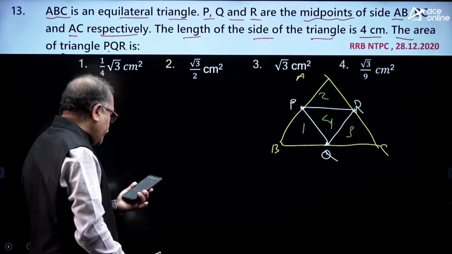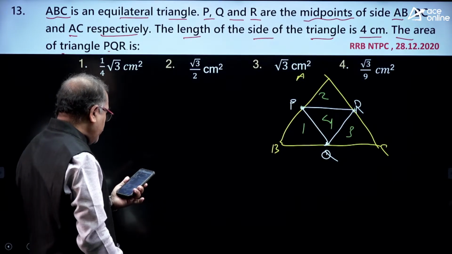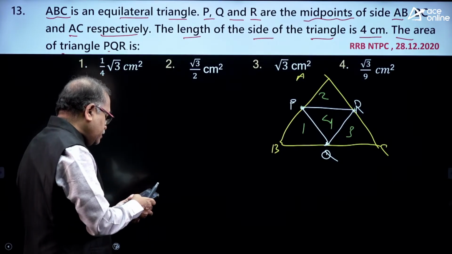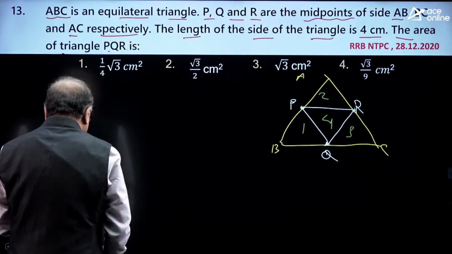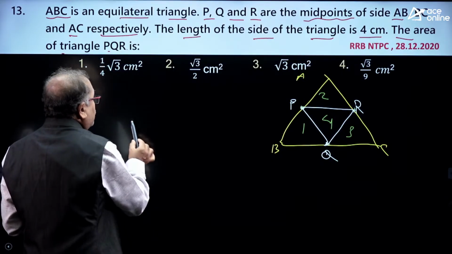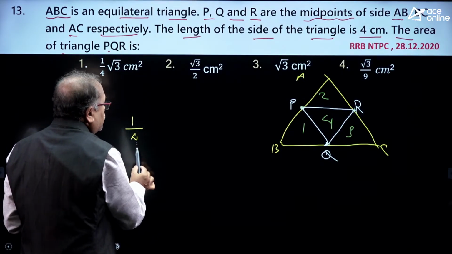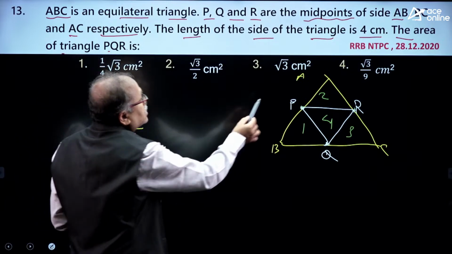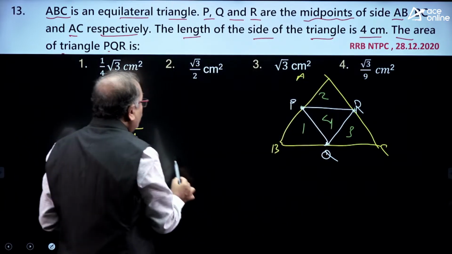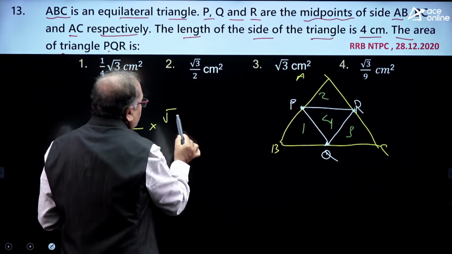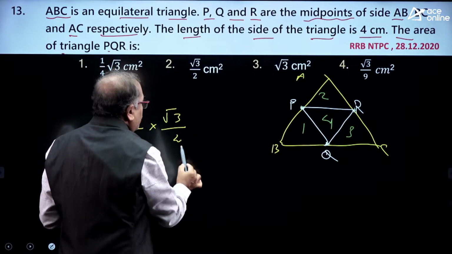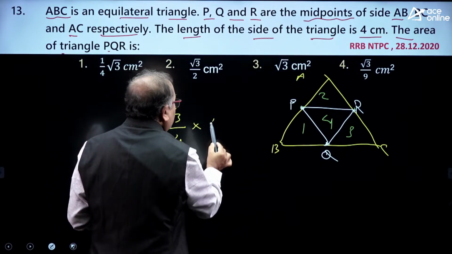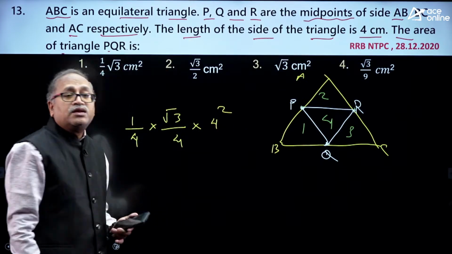So what's your answer? I am taking 1/4 of the equilateral area. The side is already given to us as 4. So 1/4 of root 3 by 4 into the side 4 squared. That should be your answer.